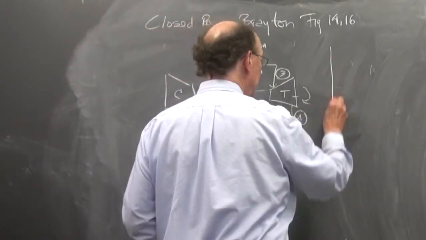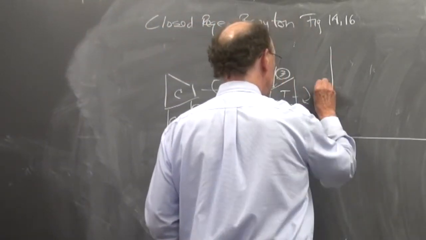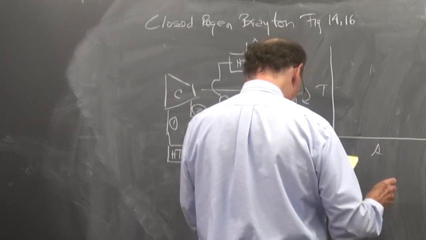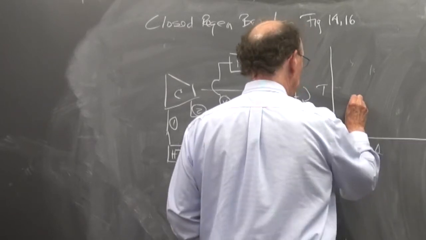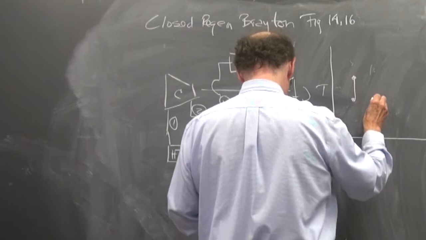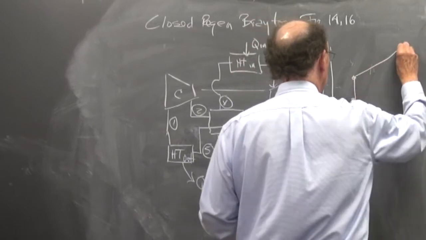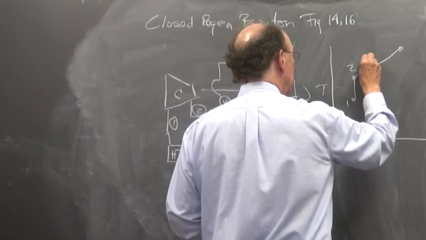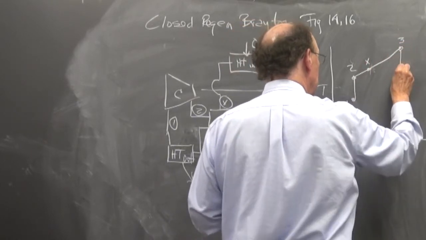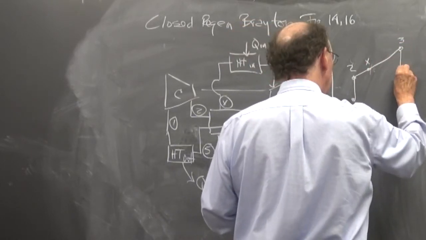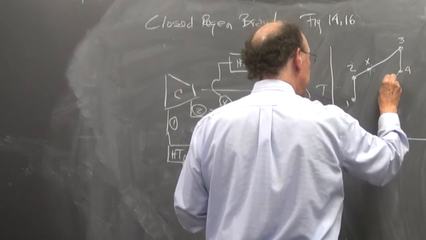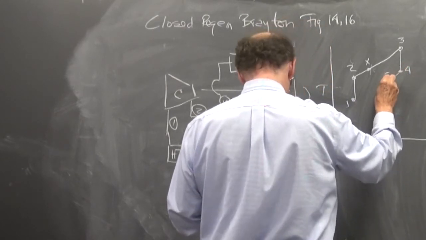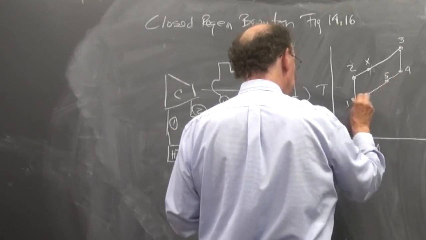On the TS diagram, I go 1 to 2, 2 to X, X to 3, 3 to 4, 4 to 5, and then 5 to 1.